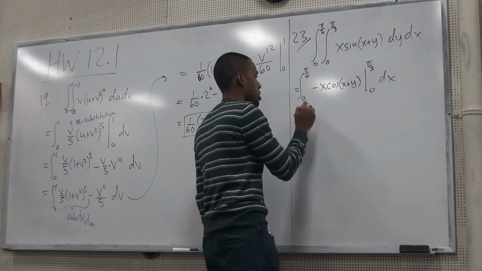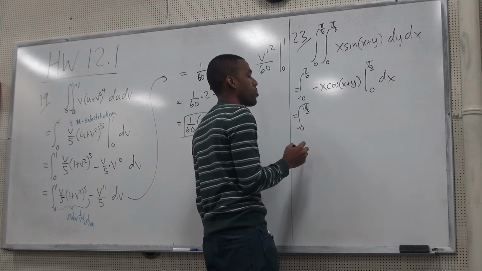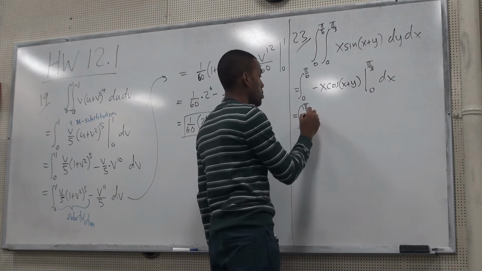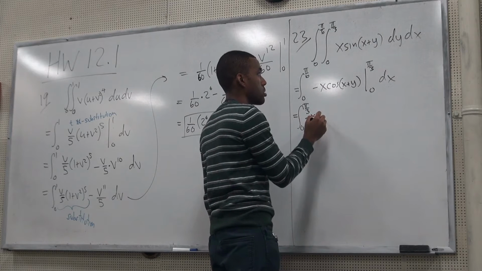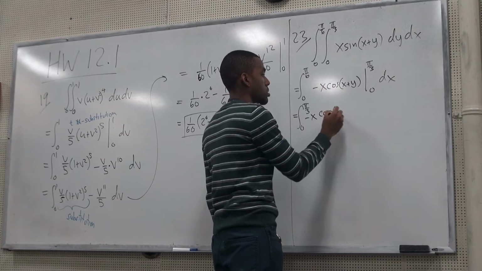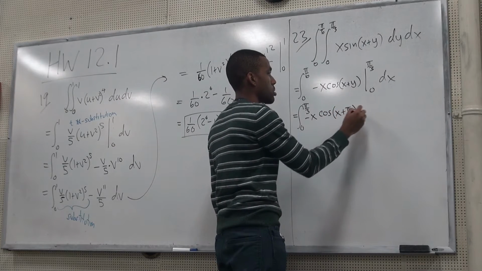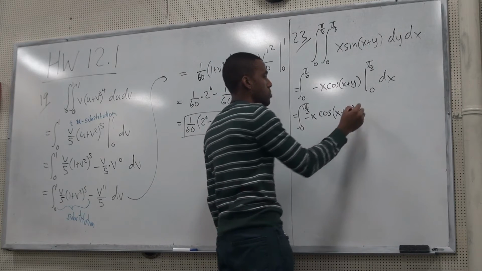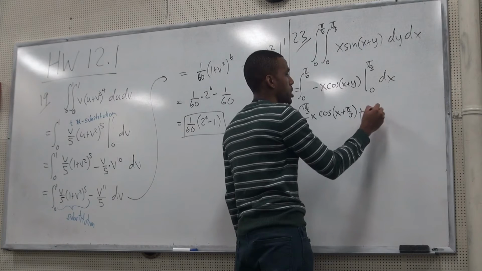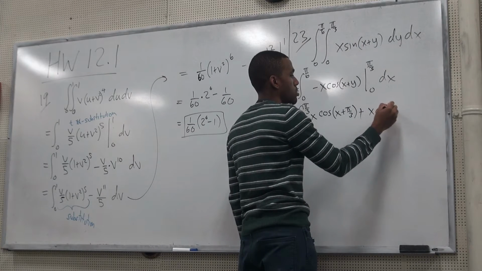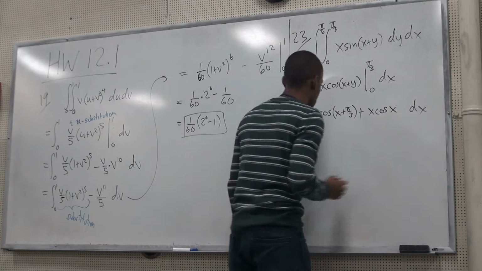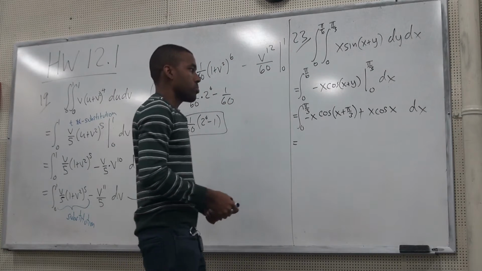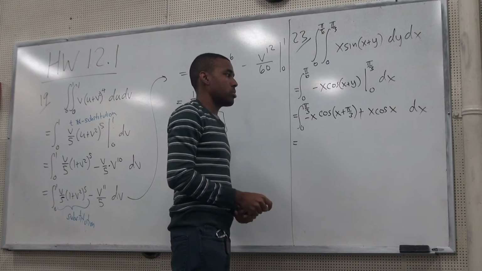Now what does that become? Minus x, minus, becomes plus x cosine x. So you integrate this.